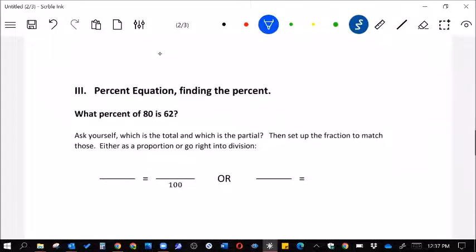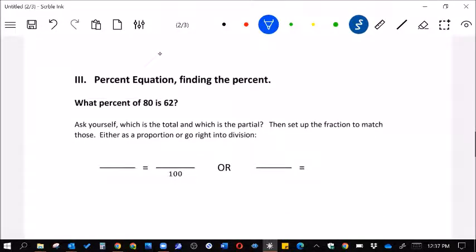Now, on the next one, what percent of 80 is 62? Let's talk about how to determine the part and the total, because we know we're going to have the part up here and the total down here. And if we knew the percent, we'd put that in here. But that's what we want to find out.